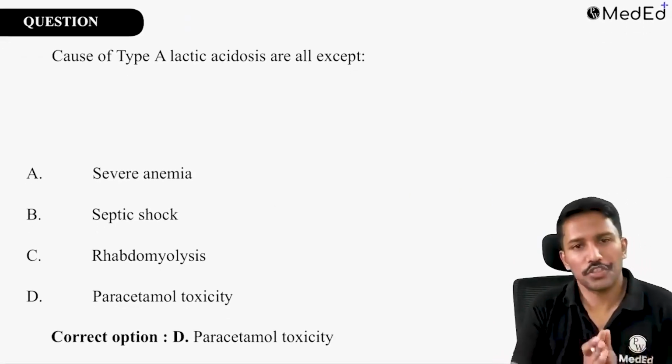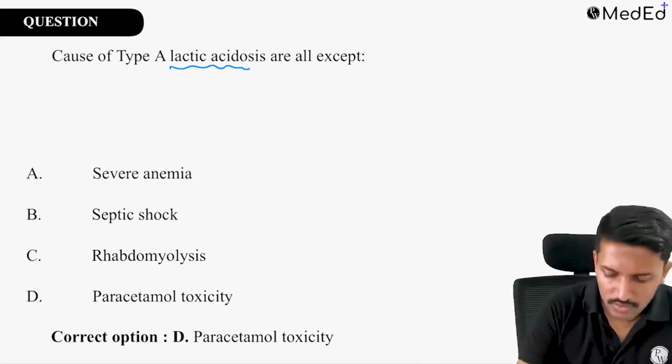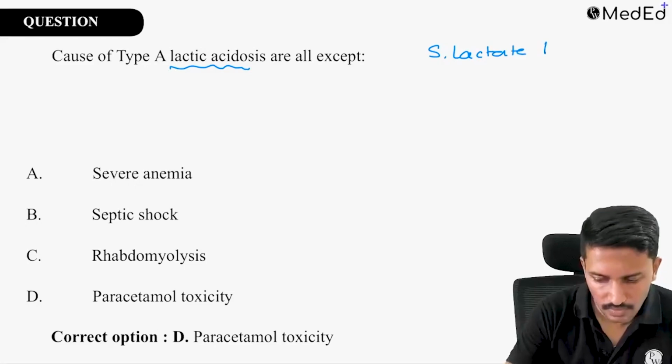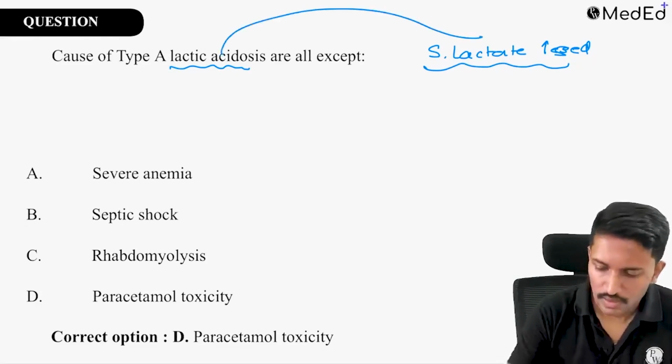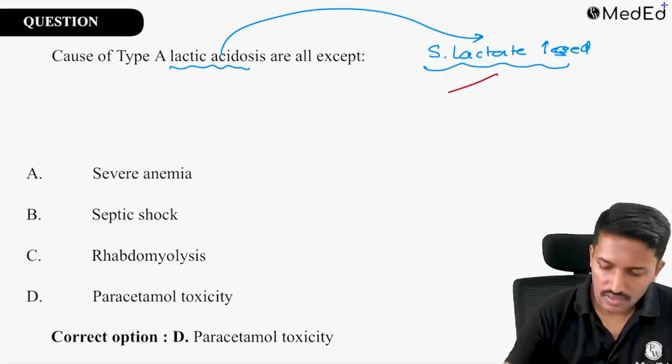Now we have a question on lactic acidosis. Okay. What do I mean by lactic acidosis? In simple words, serum lactate is elevated or increased. That is where we call it lactic acidosis. Now this lactic acidosis can be because of two reasons.